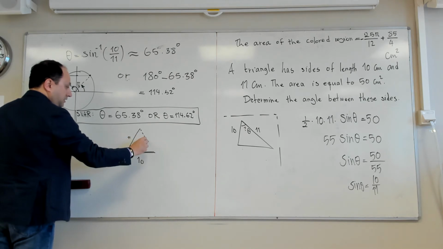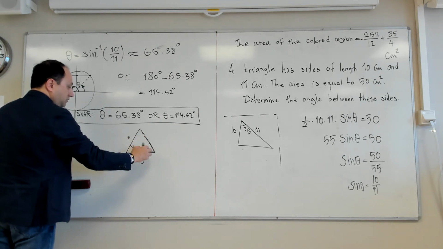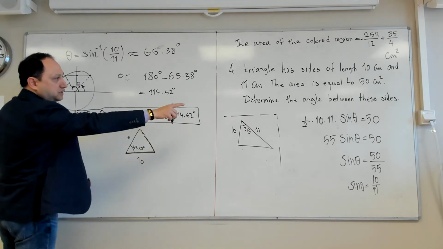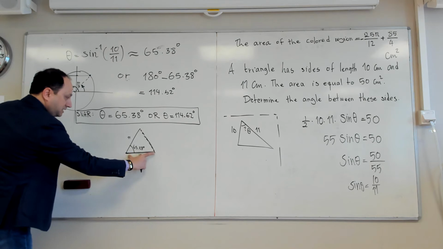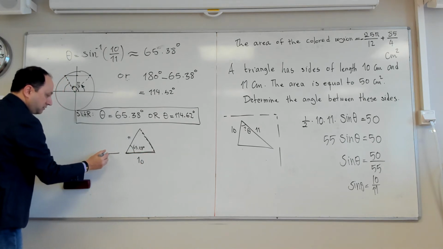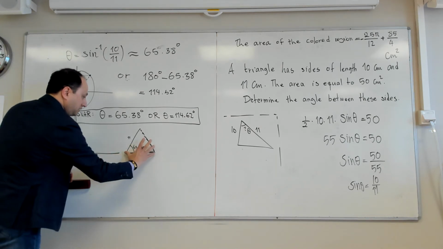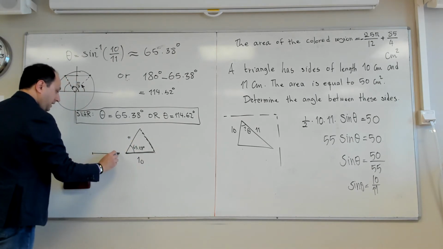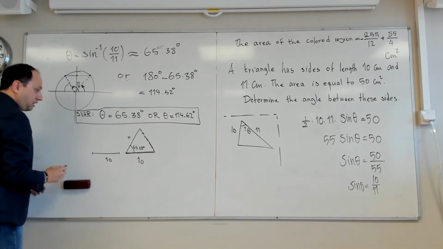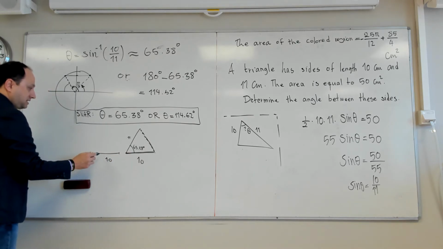And then I connect this one to that one. If I ask you what the area of this triangle is, you would say it would be 50. But there is another scenario. Keep this length the same here, 10 centimeters again. But this time, the angle is this angle.